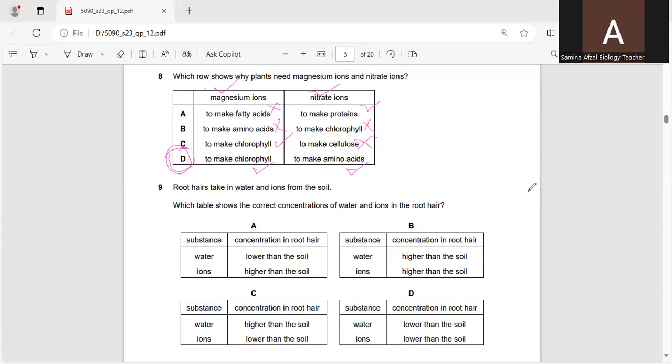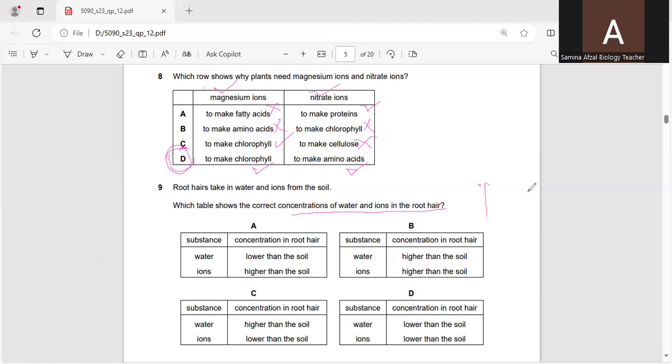First, in option A, you can see the concentration of water and ions in the root hair cells. And here you can see water lower than the soil. Water lower than the cell. That is in the root hair cell.